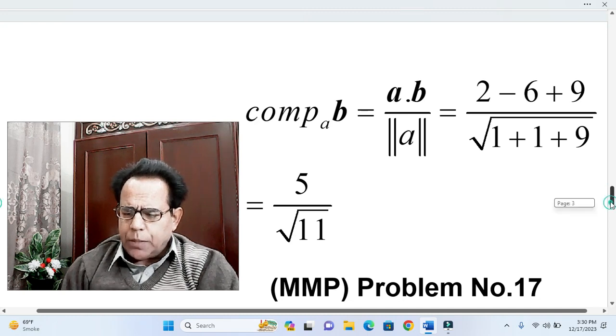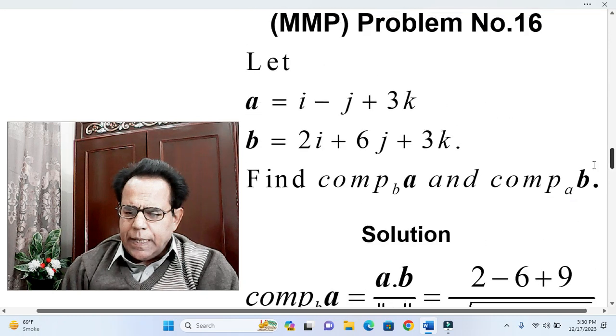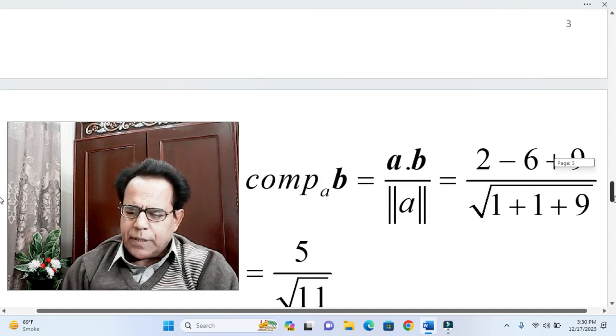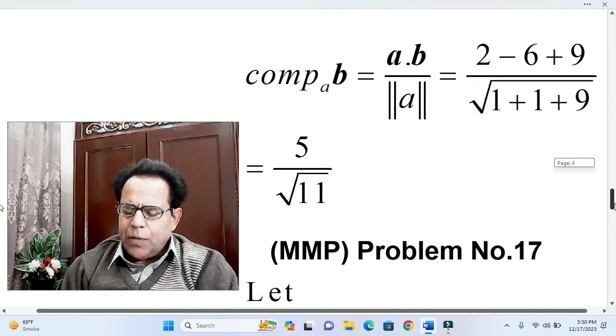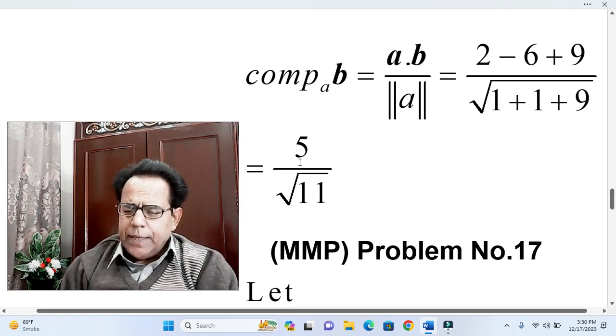Now A dot B, 2 minus 6 minus 4 plus 9, plus 5 by 7. Exactly. Now component of A on B, A dot B over A equal to 2 minus 6 plus 9 over 1 plus 1 plus 9 is equal to 5 over 11.